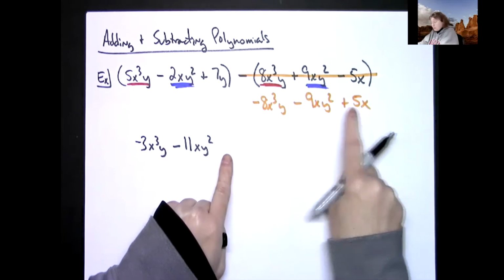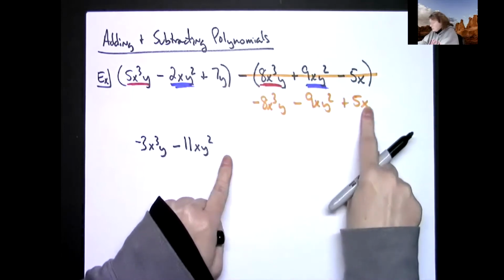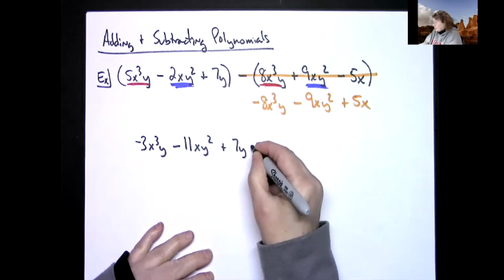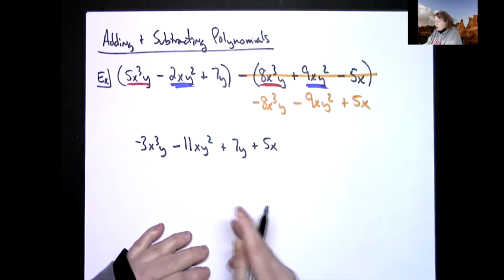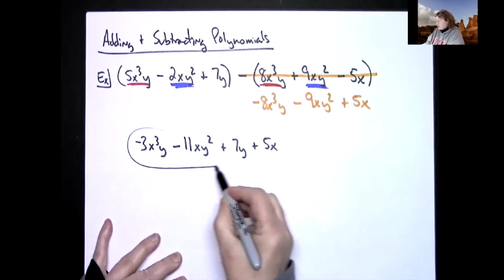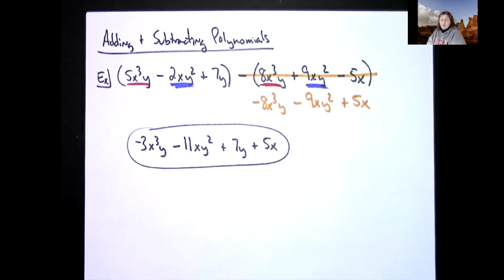Some people would read left to right, others are going to go alphabetical order. It really does not matter to me. They're equivalent answers. That's adding and subtracting polynomials. I did subtracting because that tends to be the hardest. It's the exact same thing as adding.